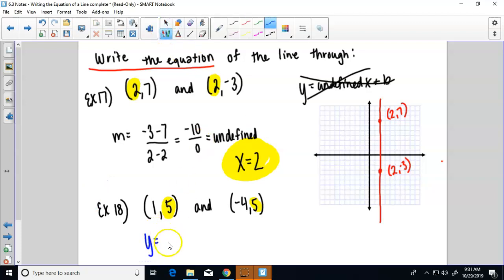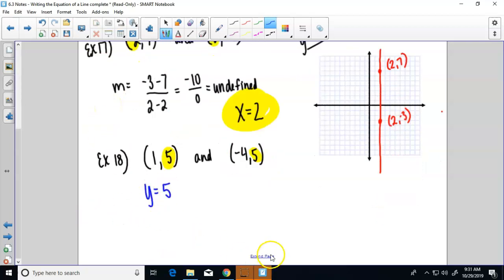So if you notice it, these are going to be your easiest problems. You just look: oh, both the x's are the same, x equals 2. Oh, both of the y's are the same, y equals 5. You don't have to do any work at all if you notice it. So if I just saw this first problem and realized, oh, 2 and 2, this is x equals 2, I would not even have to find the slope there.